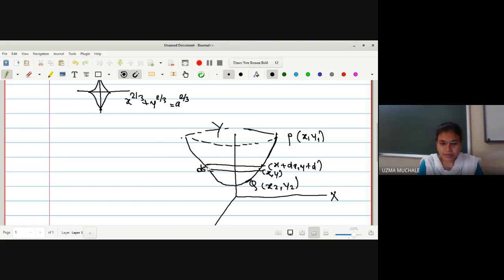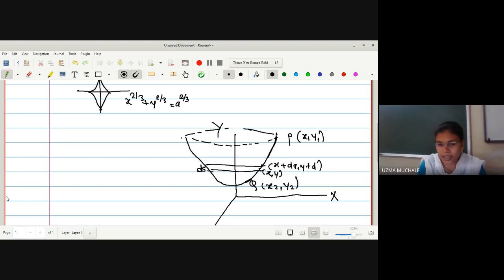So this distance ds may be considered a disk. First we will find the area covered by this ds, and with the help of that we will show that it is the equation of a catenary.